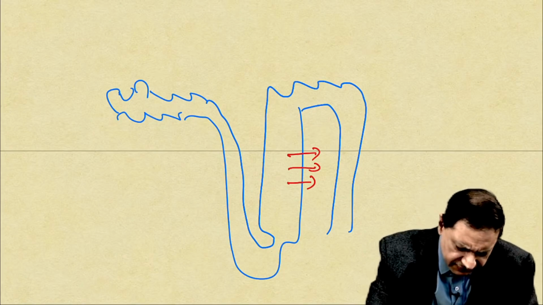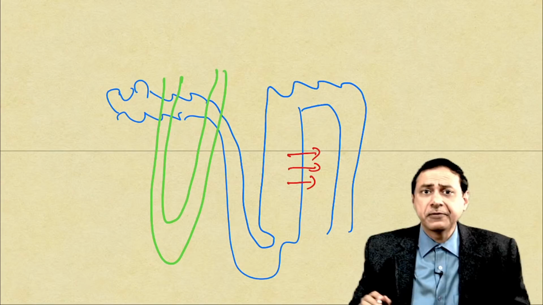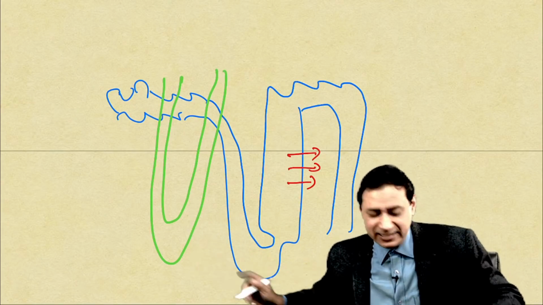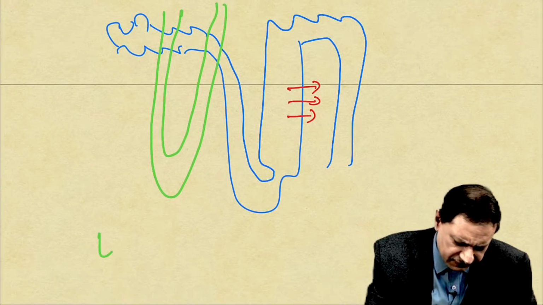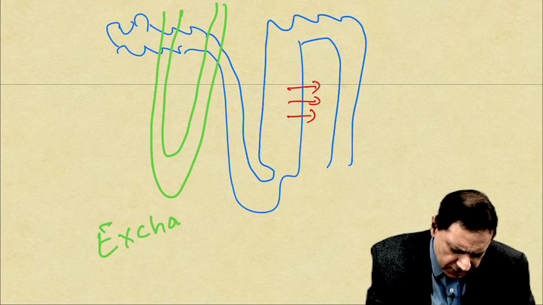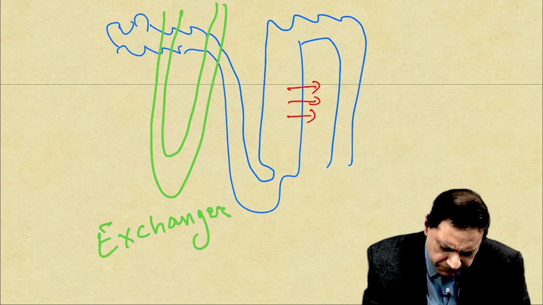And then we have the vasa recta. The vasa recta is for the countercurrent exchanger. It is also countercurrent, but it is the exchanger, and the loop of Henle is the multiplier.